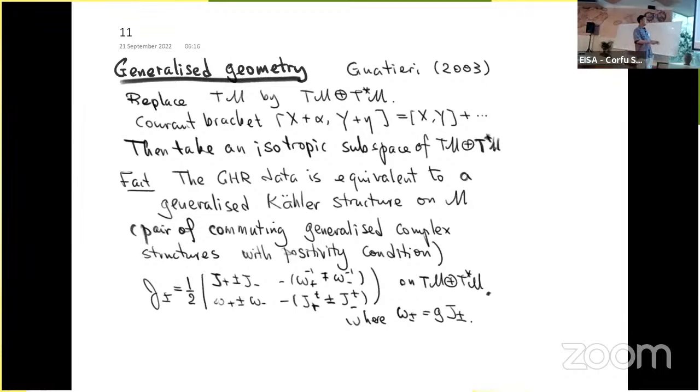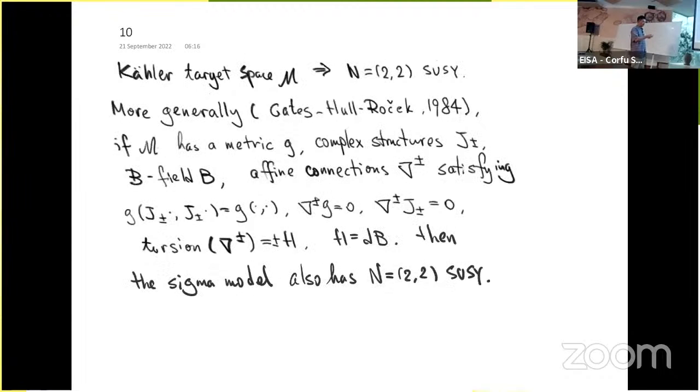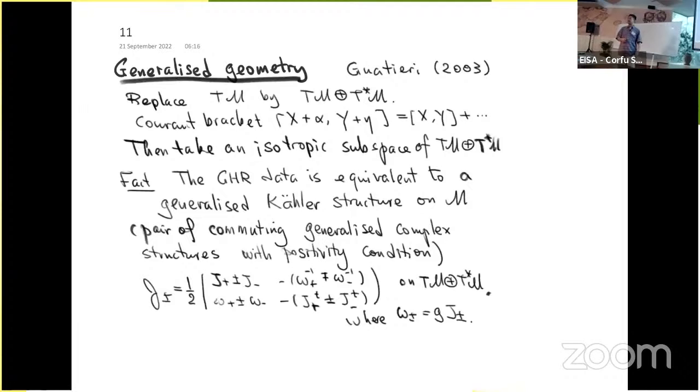Okay, so with this notion of generalized geometry, the data has so many objects, so we want to organize them in a simple way. And in fact, this is done in the framework of generalized geometry.